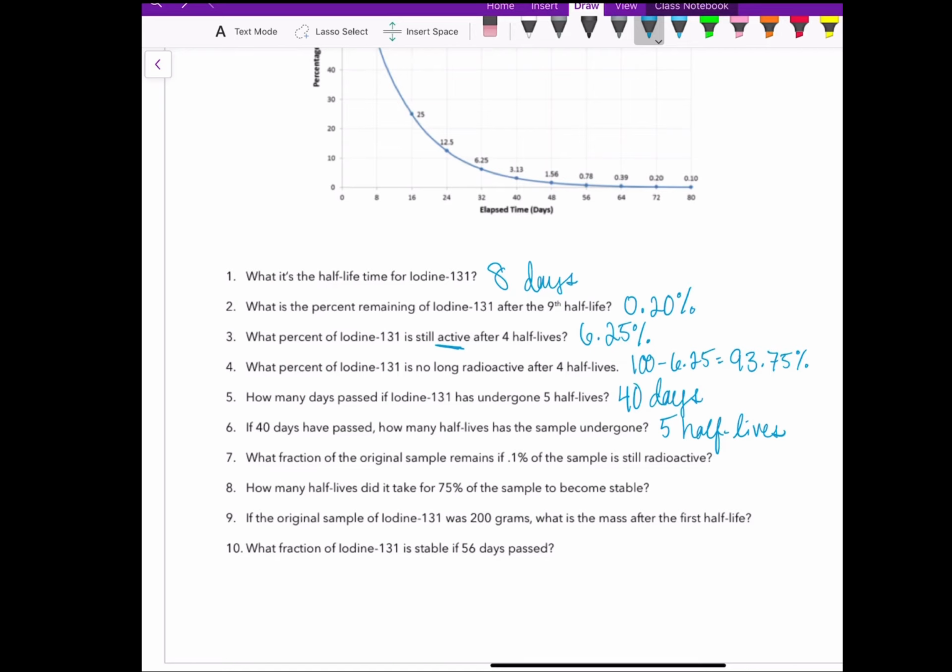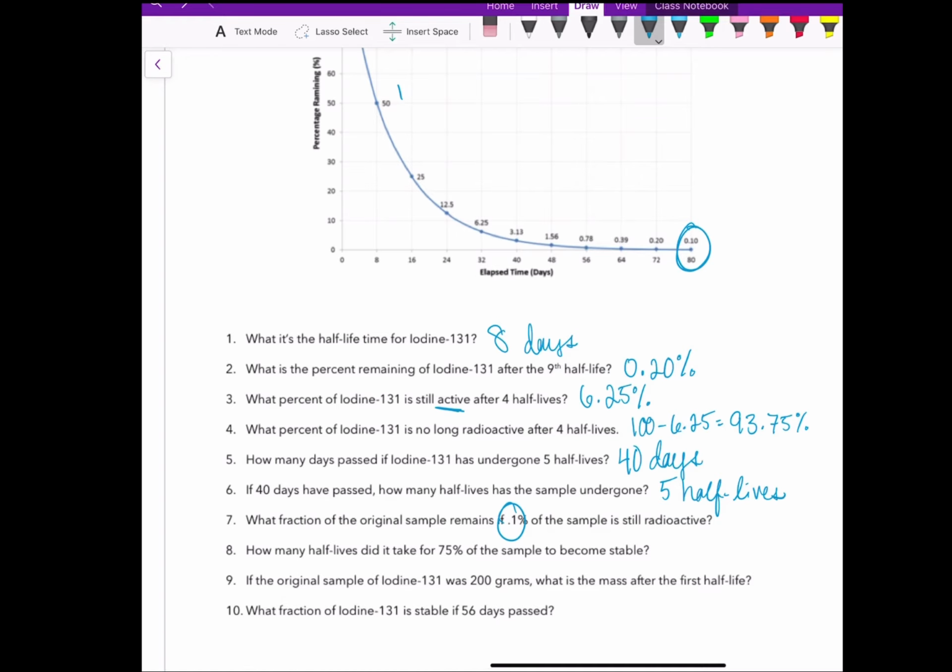Number seven is a little tricky. So we're looking at the fraction of the original sample if 0.1% of the sample is still radioactive. So at 0.1% here, if you would like to, you can change 0.1% into a decimal and then use your calculator for decimal to fraction.